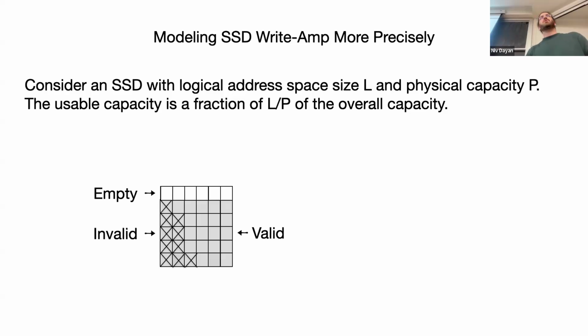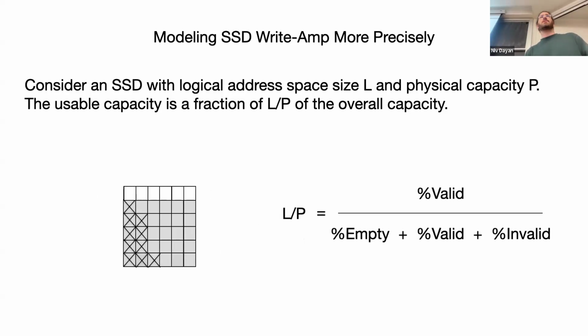Well, let's just show you what it is. It's this, and that's nothing too fancy. I'm just saying that the fraction of usable capacity is the proportion of valid pages divided by the overall capacity, and I might as well have written 100% at the bottom here.